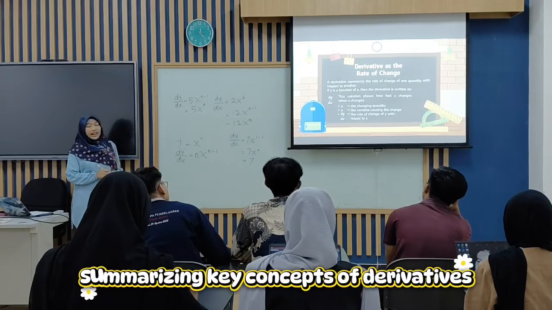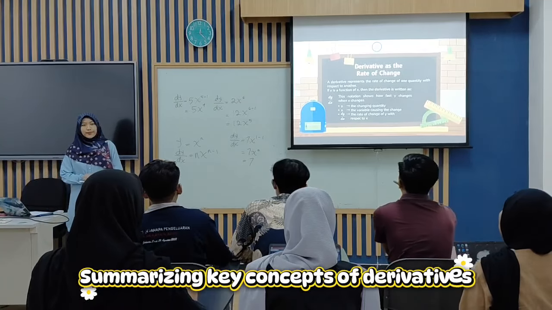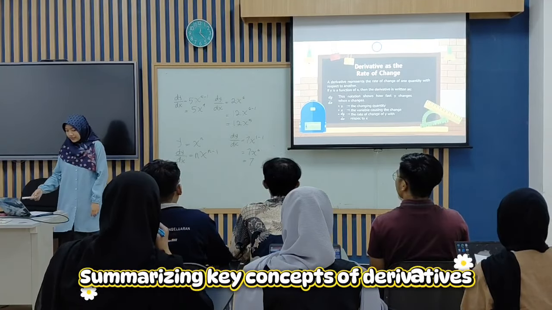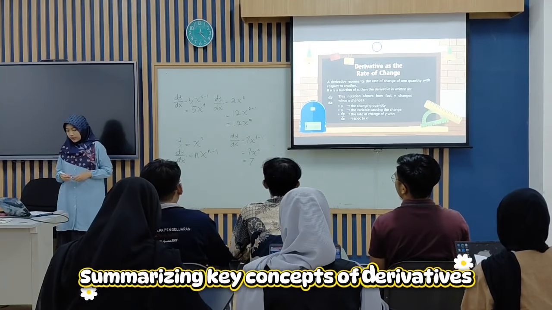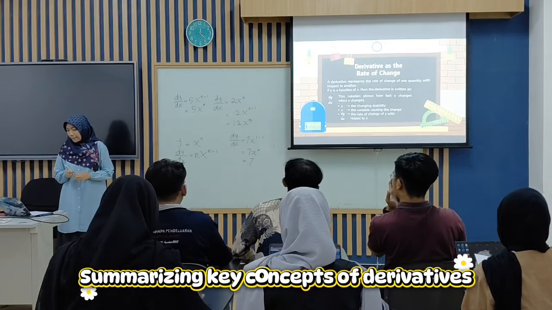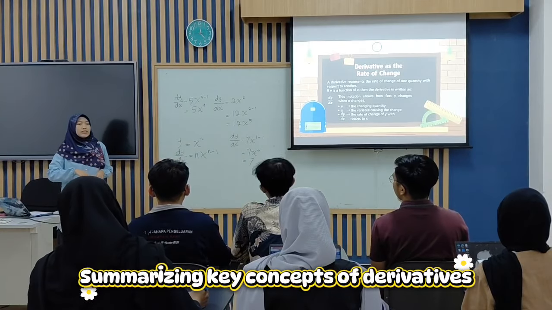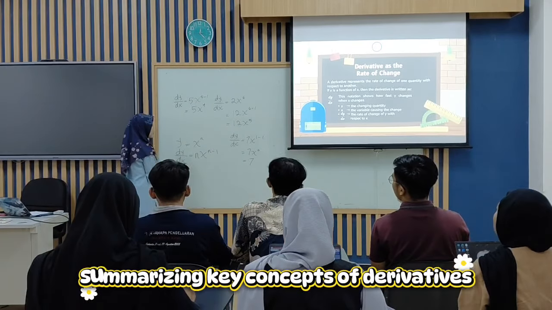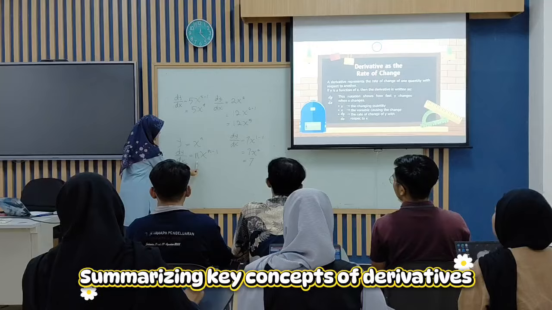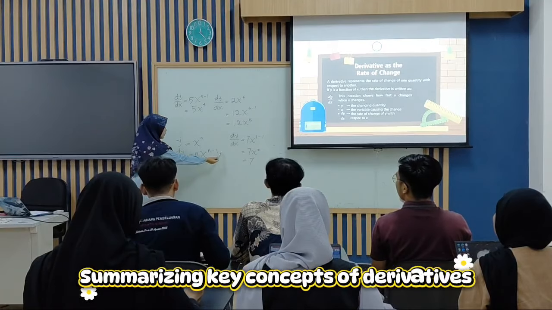How do we find the derivative using the power rule? The derivative of x to the power of n is n times x to the power of n minus 1. Yes, correct. We multiply by the exponent and reduce the power by 1.